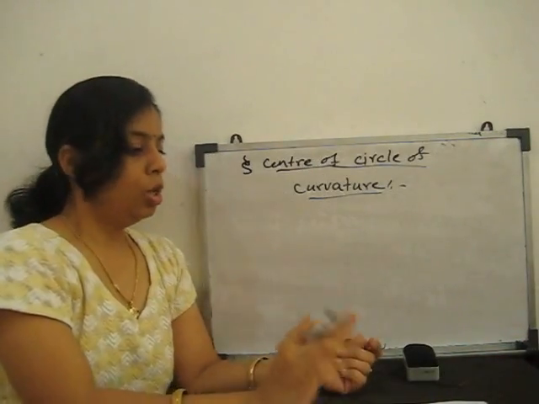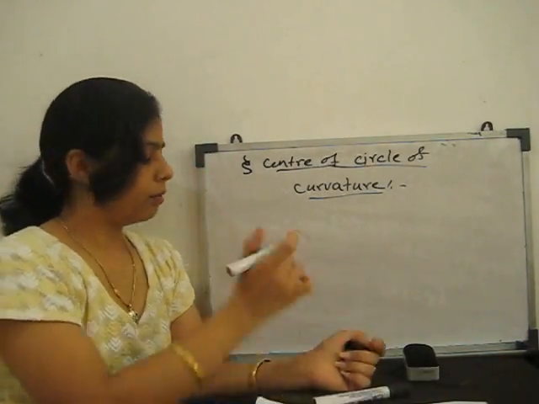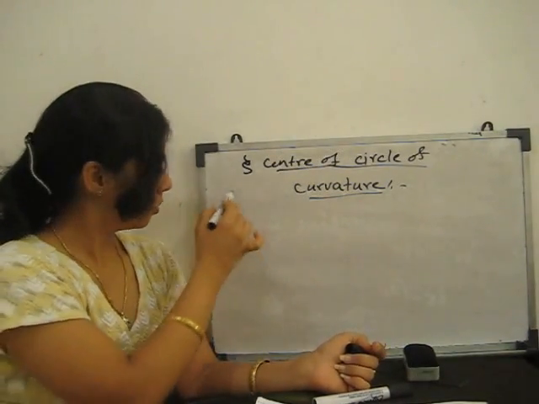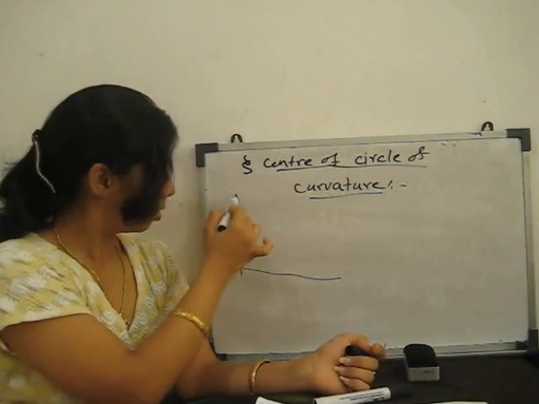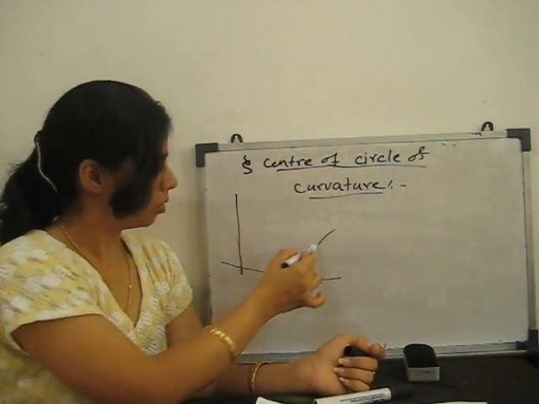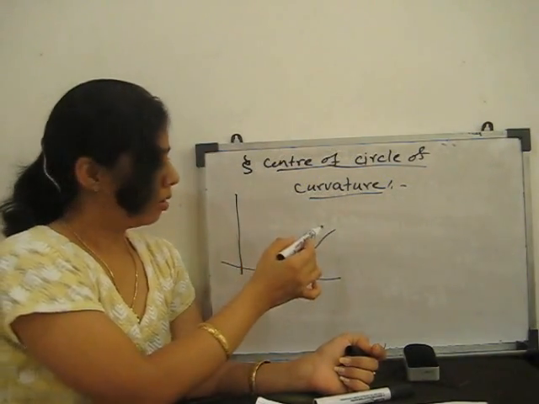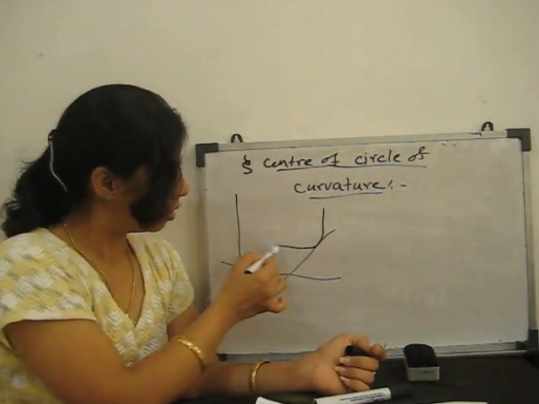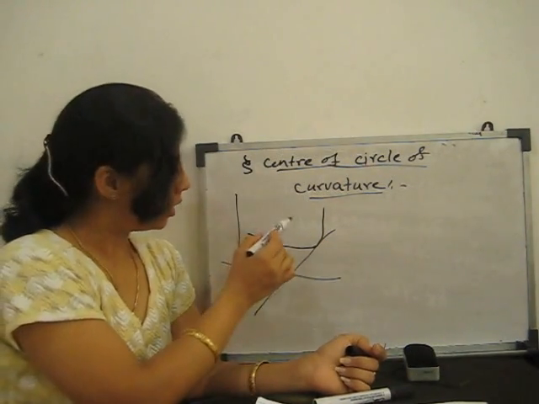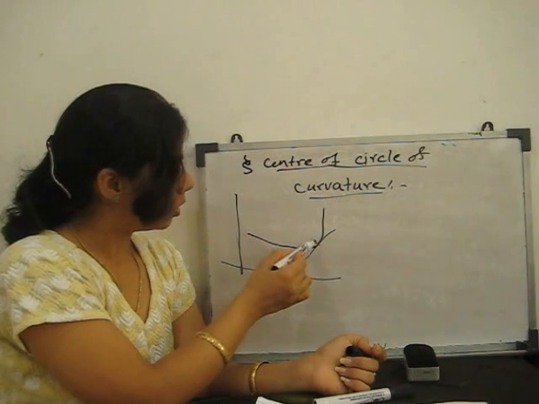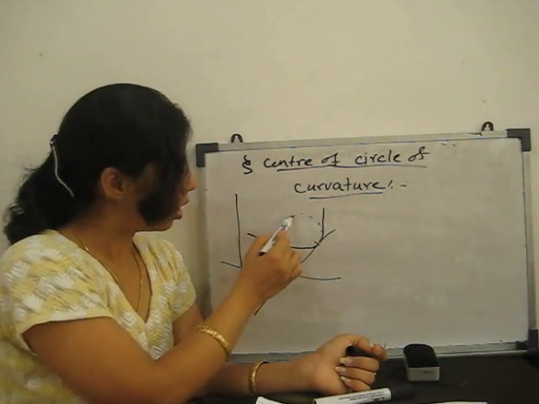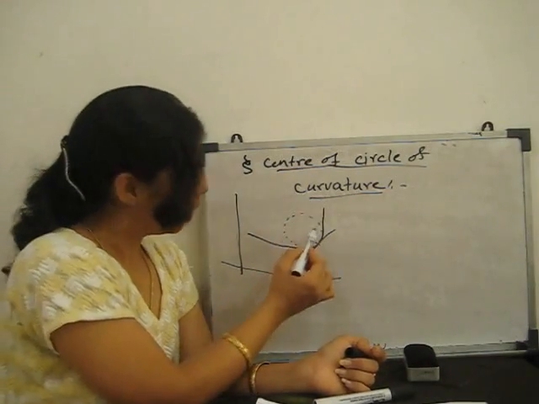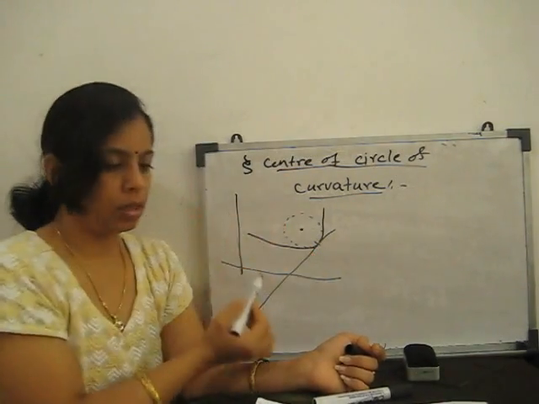Next we go for the center of curvature. What is the center of the circle of curvature? If we have any curve and at this point it touches, then if we can draw a circle at this point, this is the center.